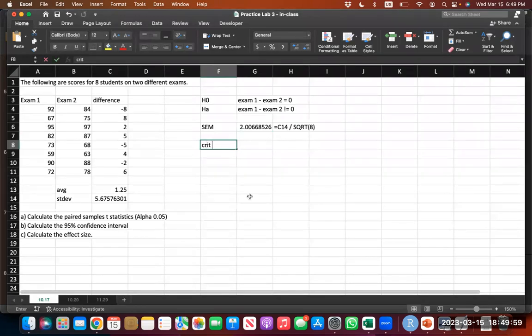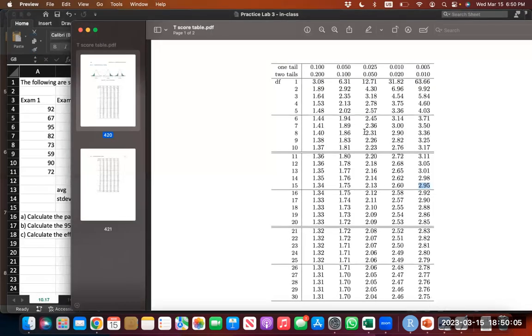Now we need a critical value, and that's with a sample size of 8, a corresponding degree of freedom of 7, because degree of freedom is n, sample size, minus 1.